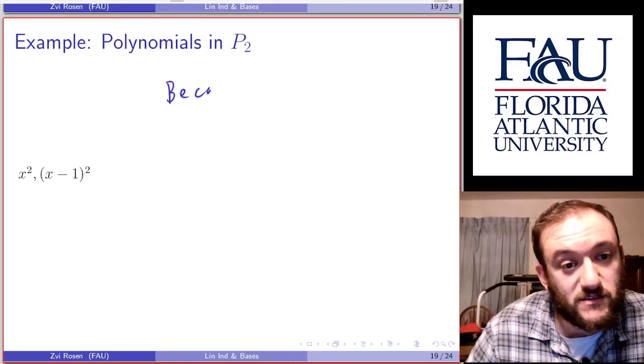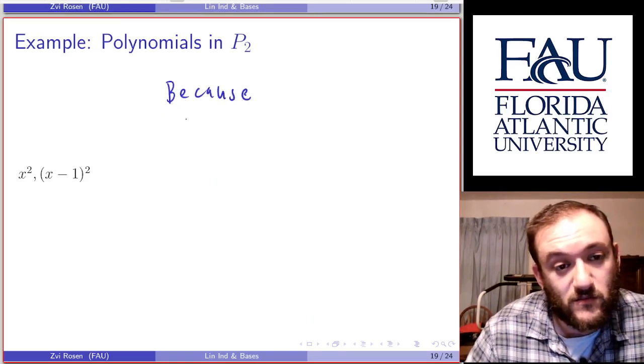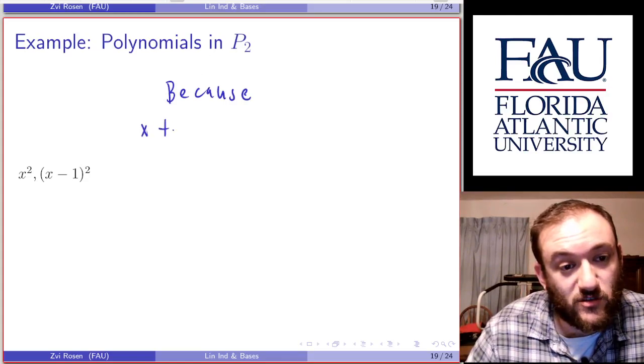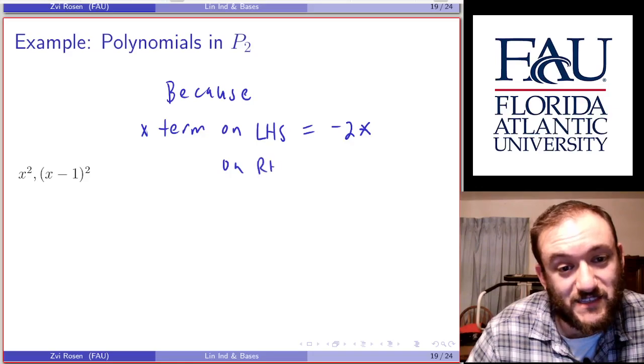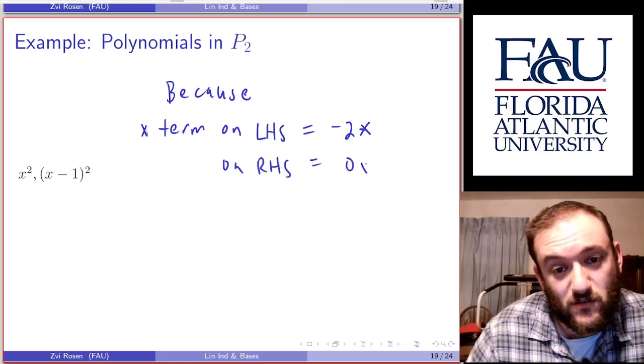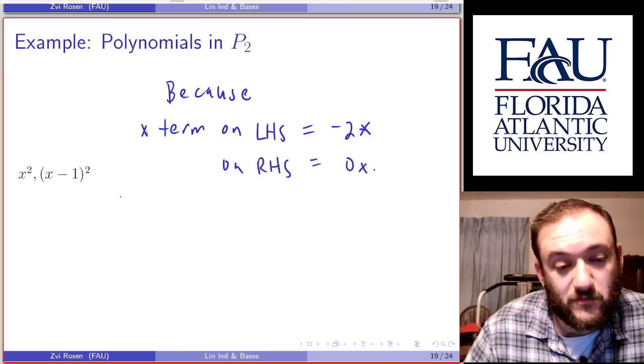Because the x term on the left-hand side is minus 2x, and on the right-hand side is 0, these two cannot be equal.